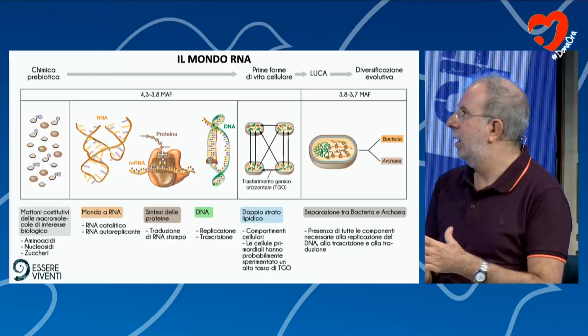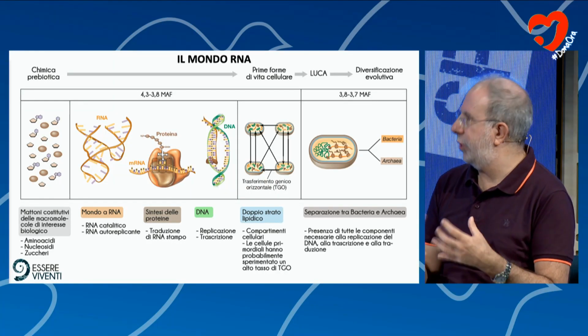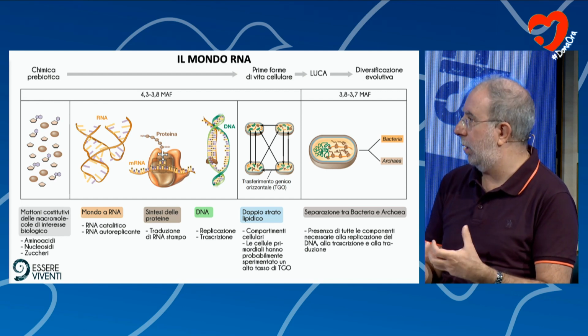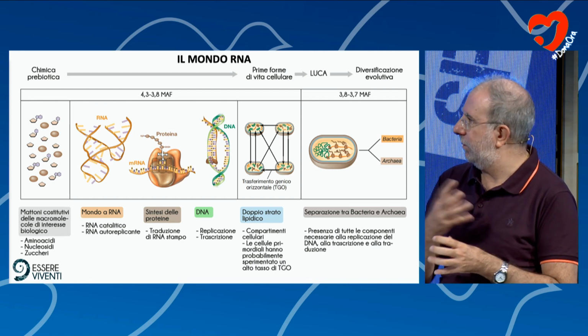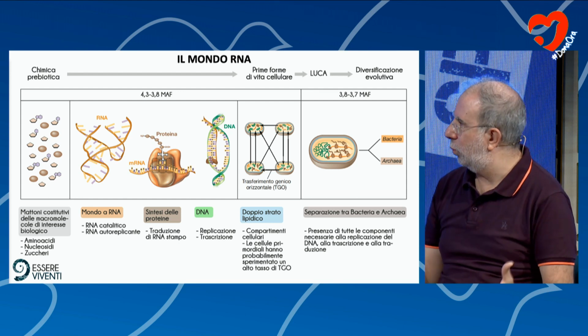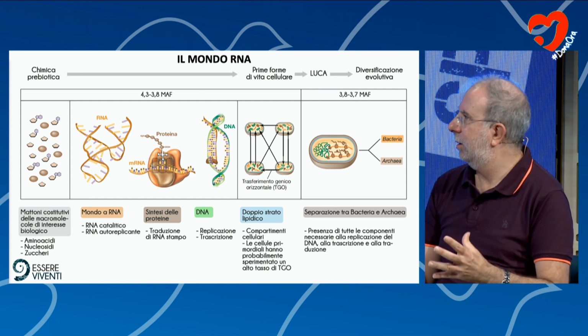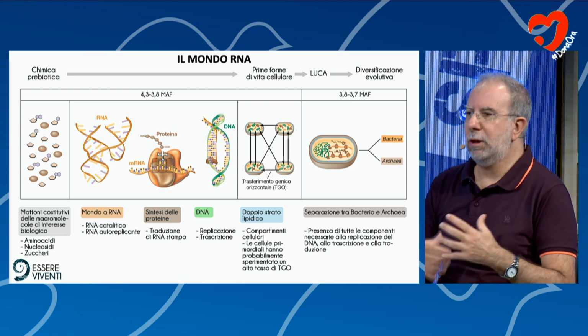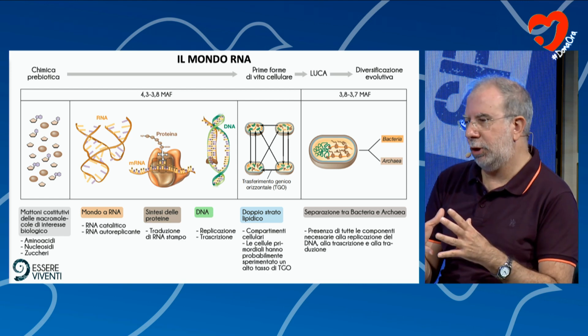So the RNA nucleic acid turned into the DNA nucleic acid. And this is how the protocell came about, leading to life.